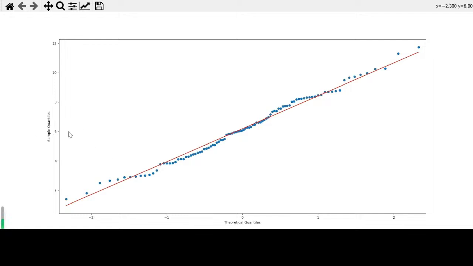Although the values also show that it is not a standard normal distribution, as the mean value is around here, right? So this x-axis is called theoretical quantiles. It means the standard normal distribution between -2 and 2, and the sample data between about 1 and 12.